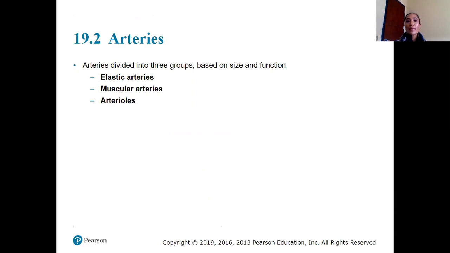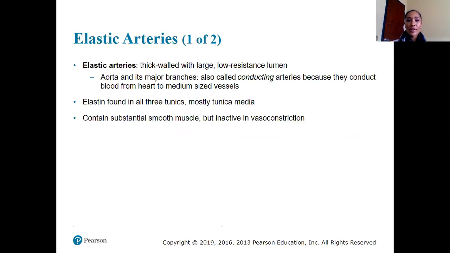Okay, so starting with arteries, they are going to divide into three groups based on their size and based on their functions. So we start off with elastic arteries. So they are thick walled with large, low resistance lumens or low resistance opening spaces that will allow blood to flow through. The aorta and its major branches are also called the conducting arteries because they conduct blood from the heart to the medium-sized vessels.